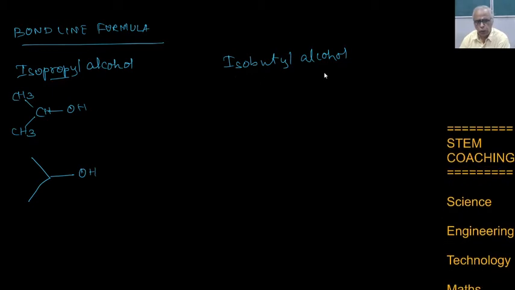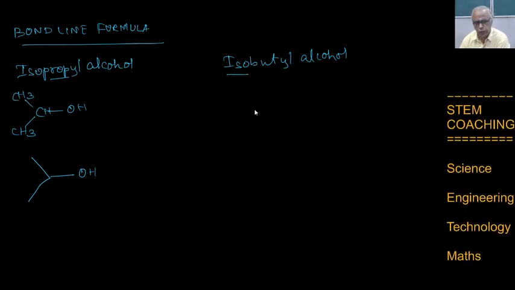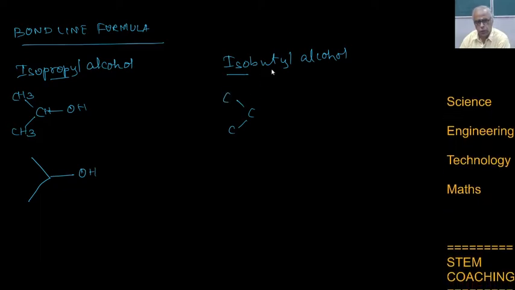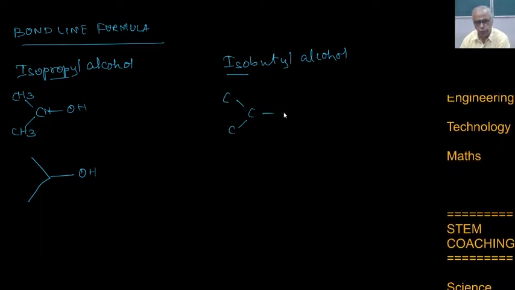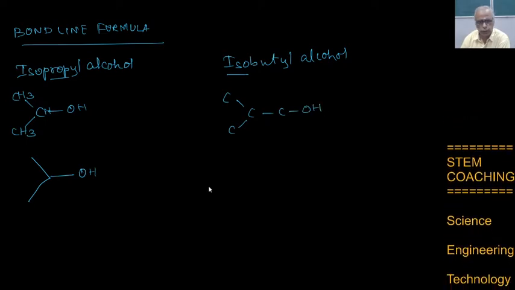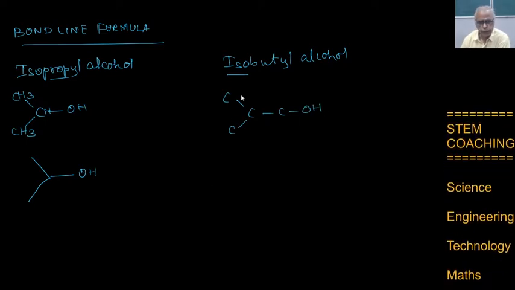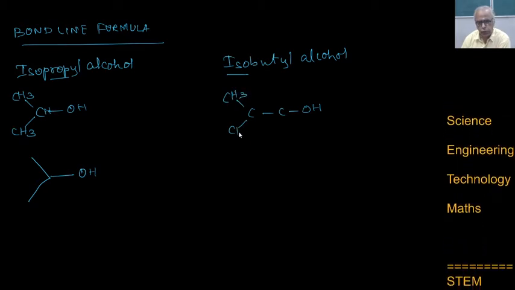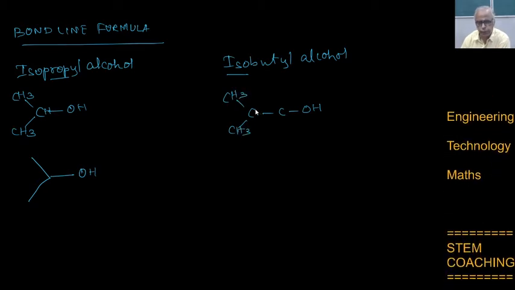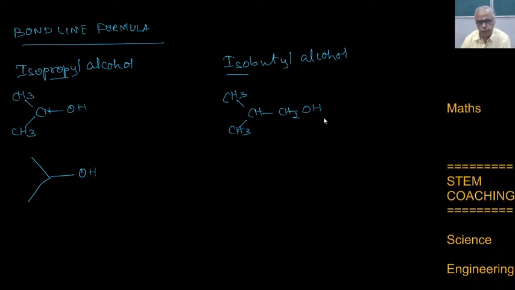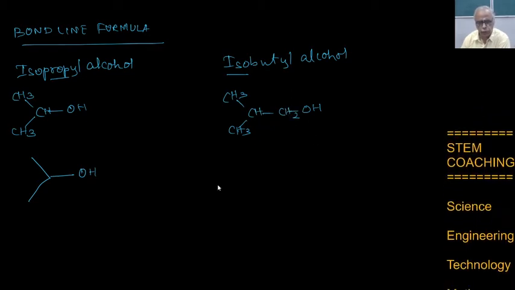Isobutyl alcohol. Iso means branched. Buta means 4 carbon atom. Alcohol, you can add 1 OH unit. Now fill up with the hydrogen. So CH3, CH3, CH, CH2 and then OH.